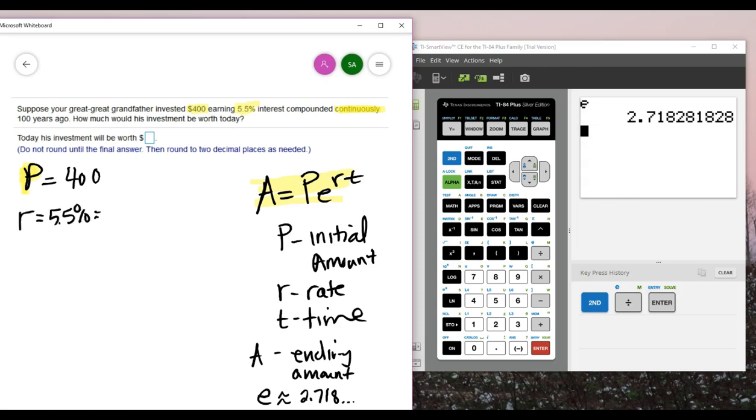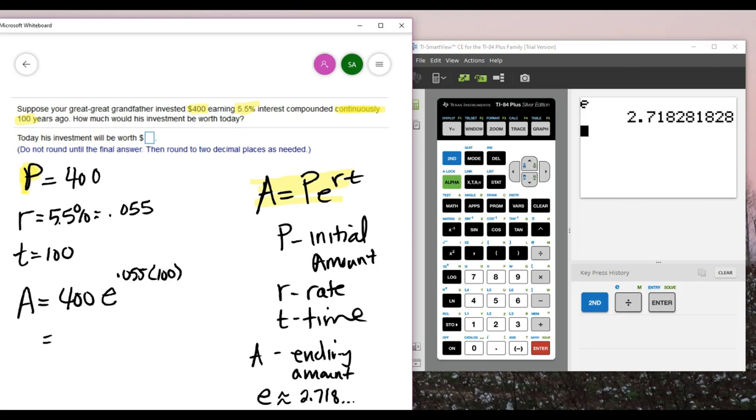We're going to put that in decimal form, 0.055. And compounded for 100 years. That's our time. So t equals 100. So we'll substitute that into our formula. A equals 400 e to the 0.055 times 100.